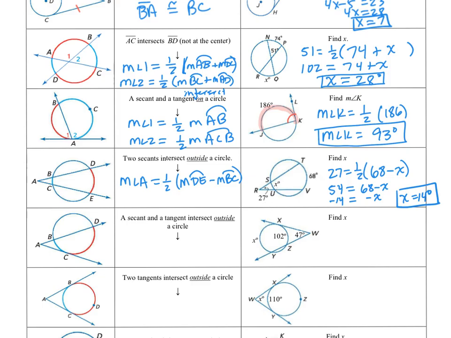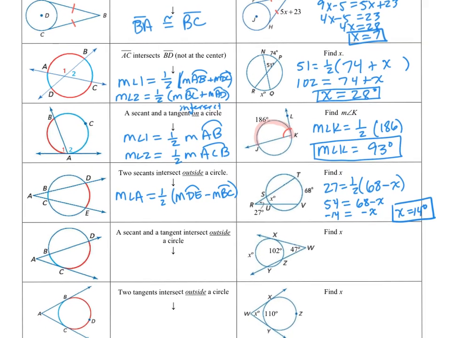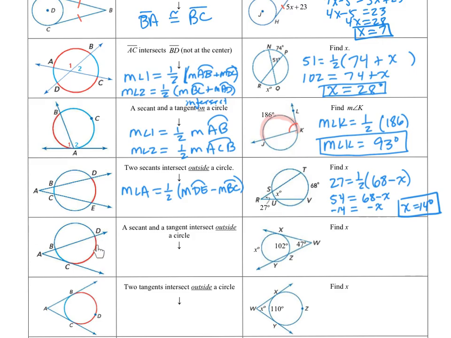Okay? Now in this next example, instead of 2 secants, this time we have a secant and a tangent, but notice where the vertex is. The vertex of that angle is outside of the circle. So like the last example, to find the measure of angle A, it's going to be half the difference of 2 arcs. The two intercepted arcs are this arc DC and this arc BC.